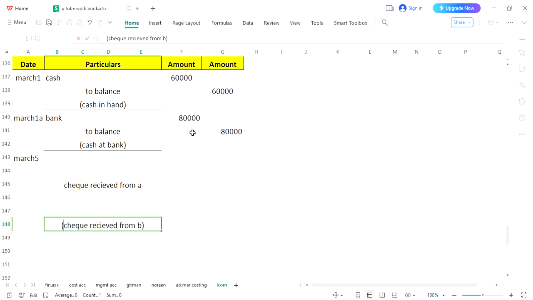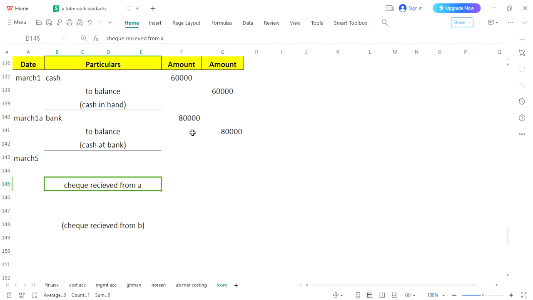Otherwise, you can combine it and can write both checks in same entry. But since it is just the start of our chapter, so we will write these entries in separate journals. So check received from B.